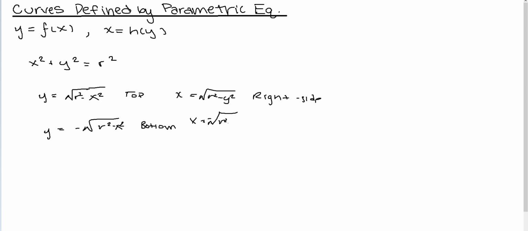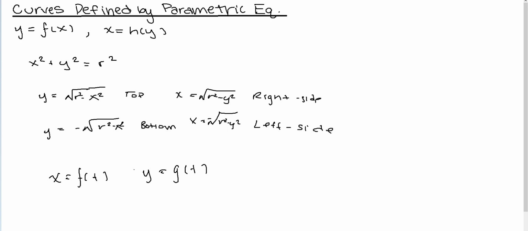So what curves defined by parametric equations really do is, rather than defining everything in terms of y of x or vice versa, we define things with three variables. Our third variable is a parameter that is generally specified by t. So we say x is equal to f of t and y is equal to g of t.